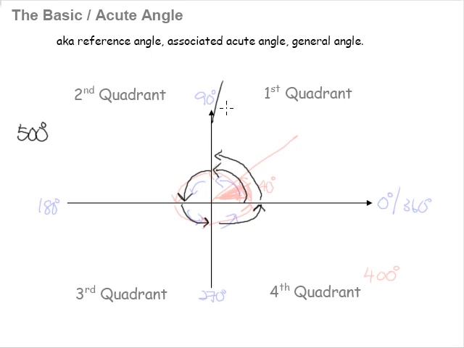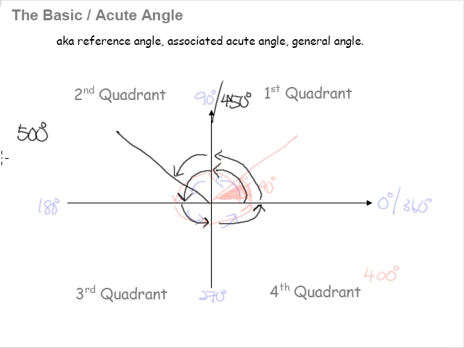We're approaching 500 degrees, so it will be somewhere here, represented by this line. So 500 degrees is going one full round and then stopping in the second quadrant. This angle here is 50 degrees, which makes this angle here 40 degrees.